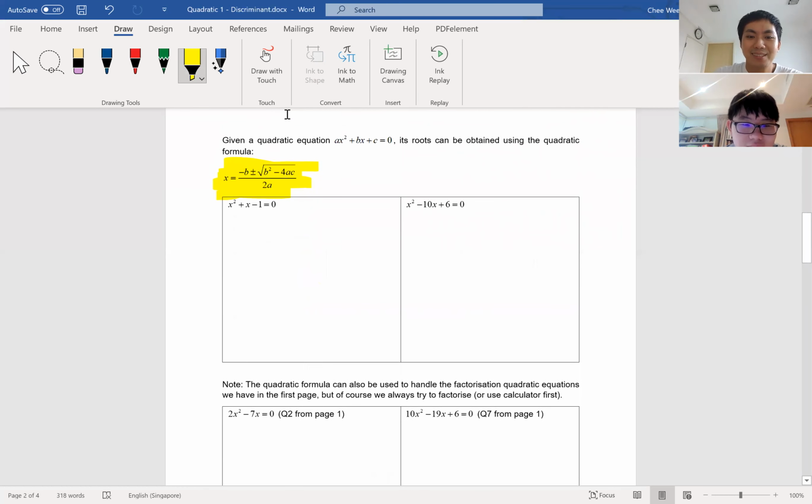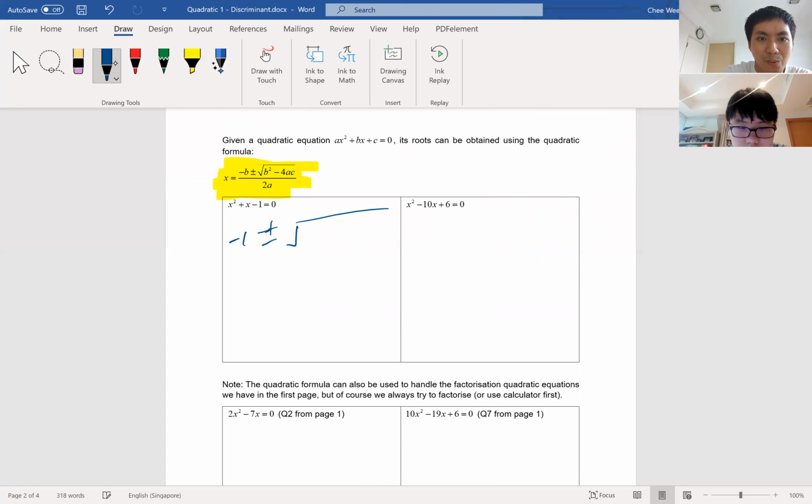You will realize that using this formula relates to surds immediately, because you will need to simplify the surds. For example, this one, you will have -1 plus minus square root of 1 minus 4, over 2, which is equal to -1 plus minus square root 5 over 2.